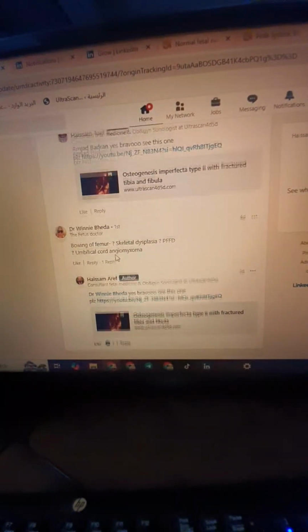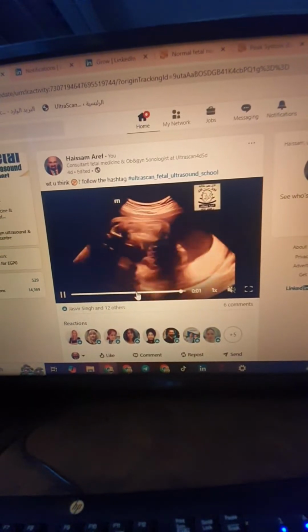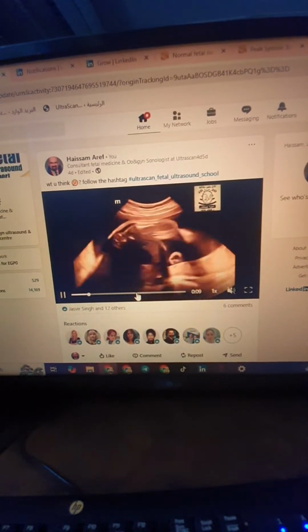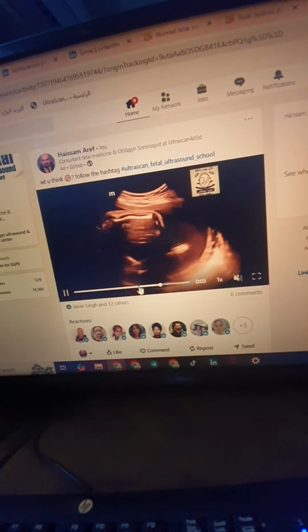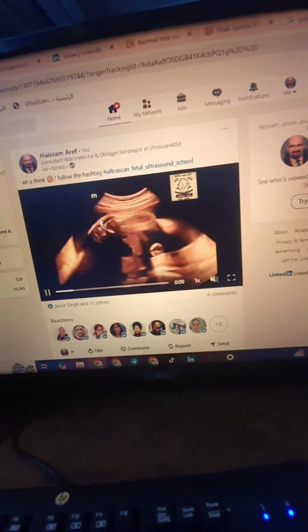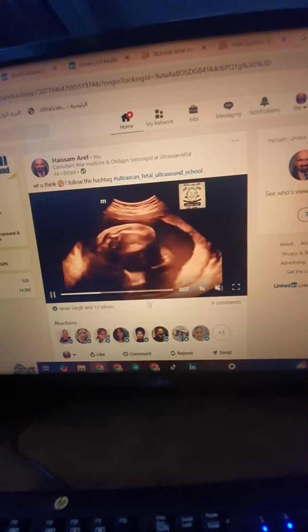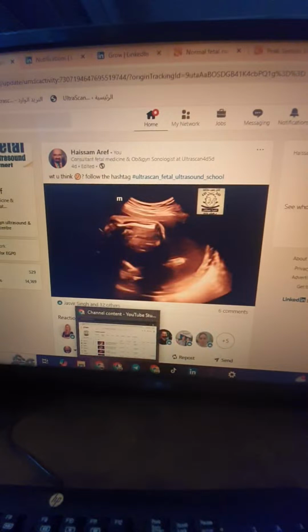And here our friend is saying umbilical cord angiomyxoma. I guess it's an umbilical cord cyst with abundant Wharton's jelly, which you may find in cases of skeletal dysplasia or chromosomal abnormalities. But the main event here is our bowing or fractured femur, osteogenesis imperfecta, my friends.